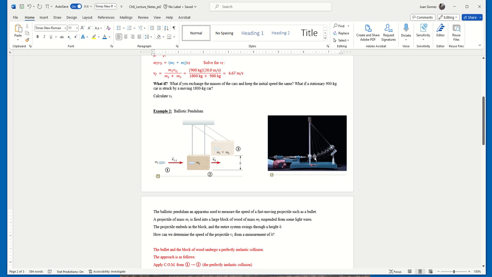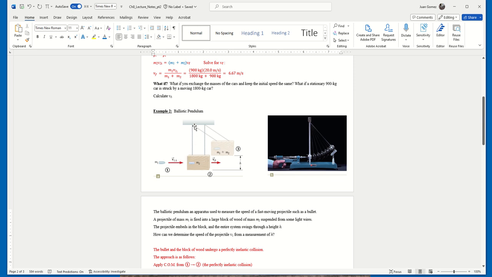There's a little locking mechanism that keeps the sphere from coming out of the pendulum, and when the metal sphere hits, the pendulum swings up to some maximum height h. Typically the apparatus is set up such that there's a way to measure the height to which the pendulum swings.